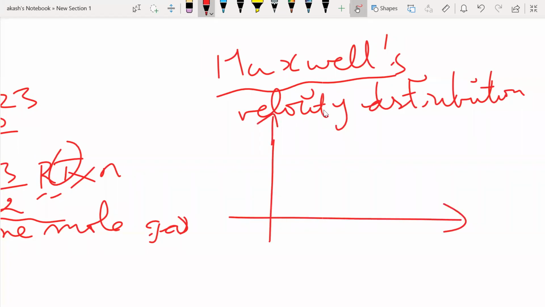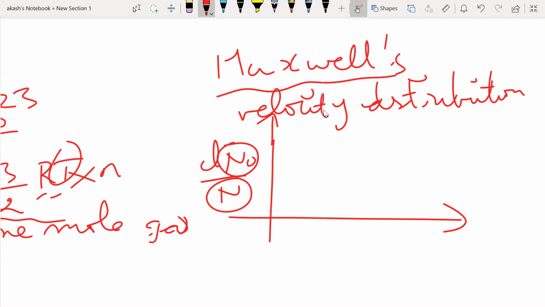So here, I'm going to have the number of gaseous molecules. Actually, I don't want to confuse it, which is why I'm writing it like this. It's actually going to be dn divided by n. If I have n gaseous molecules, how many of them are going to have a particular velocity? That's what it means.